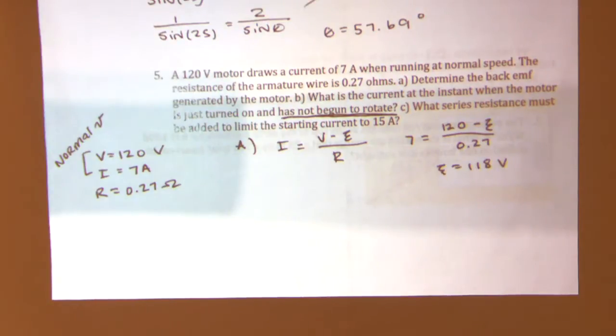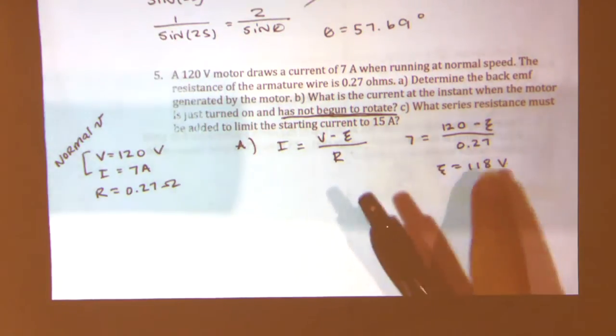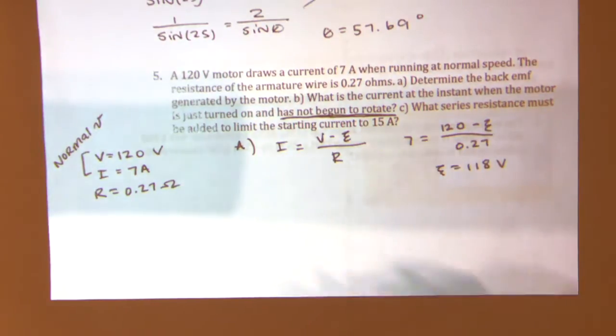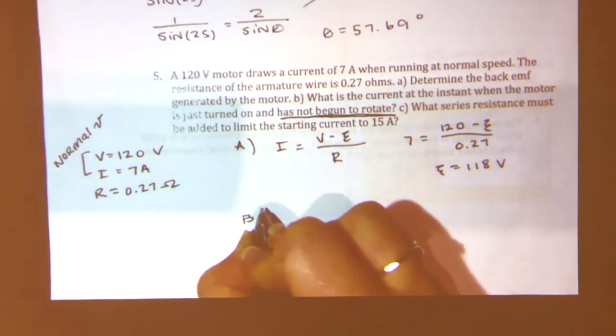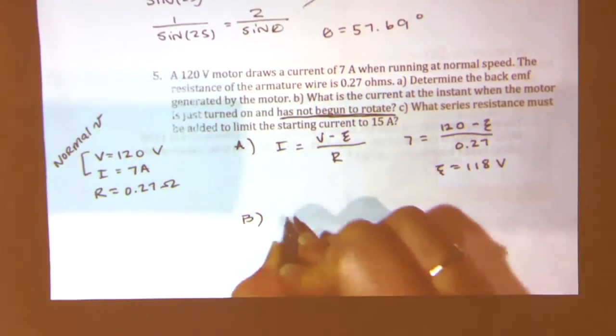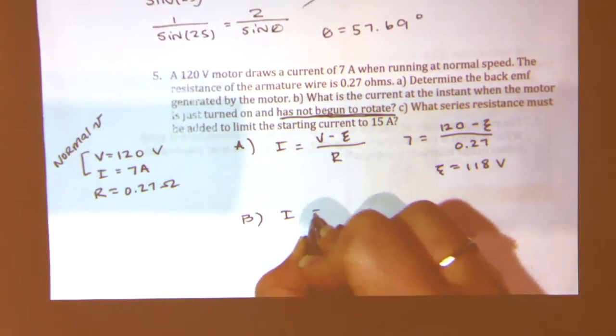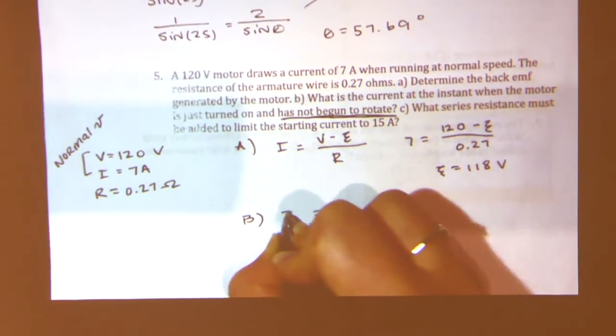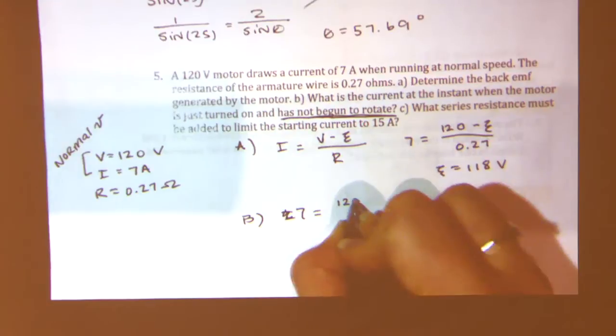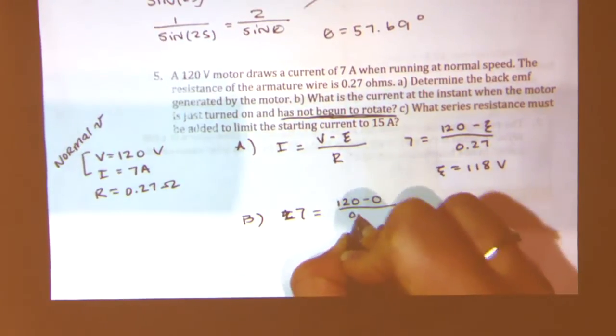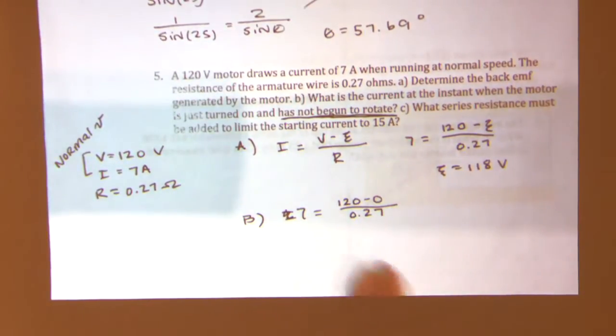So if we have no rotation, we have no back EMF, and that EMF will just be 0. So when you do this part, we're going to use the same exact equation, but now that'll be I. It'll be 120 minus 0 over our 0.27. Because it's just beginning to start, we haven't created a back EMF yet.